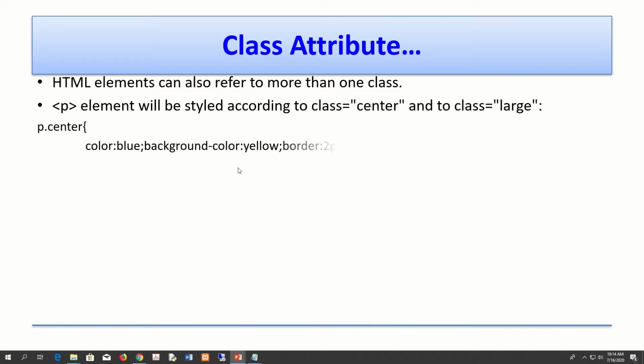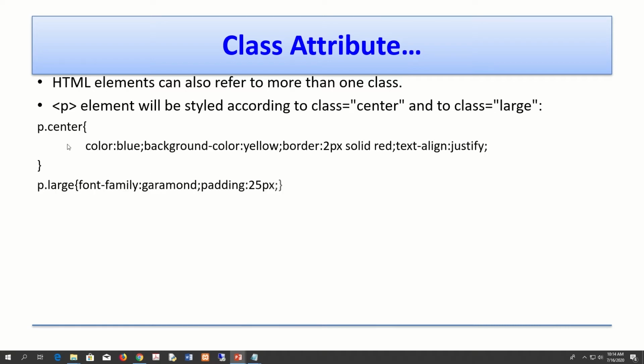Then I define the center class, and then the large class. So here the P element will be styled according to the center and large classes. So let's see how we can set those two classes in one particular HTML element.